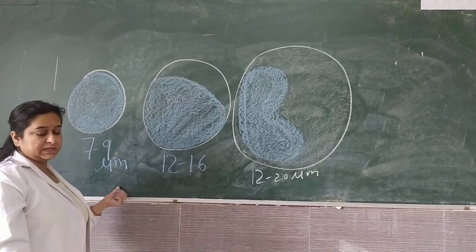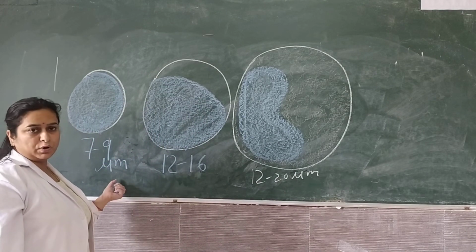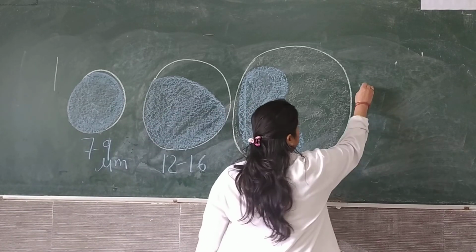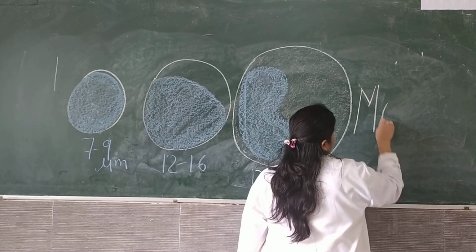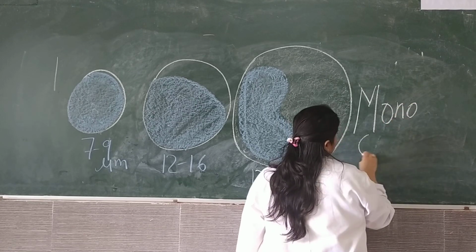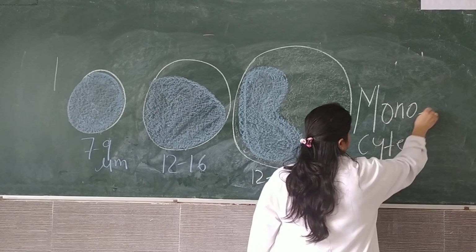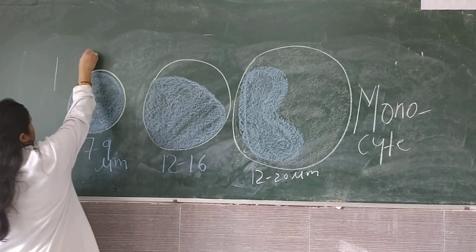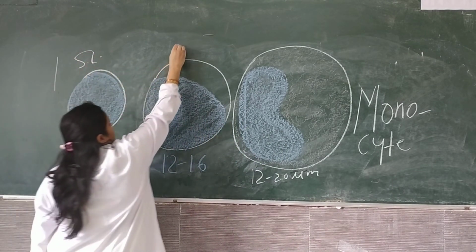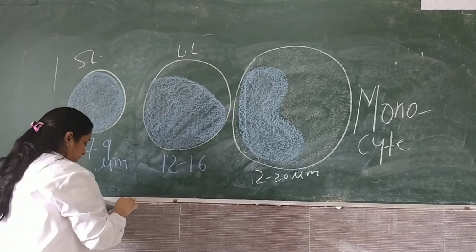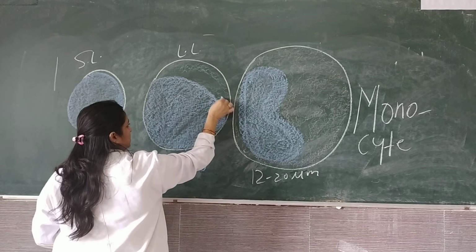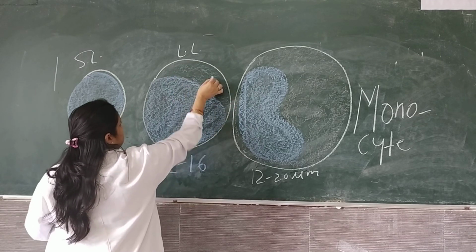In this way we can easily differentiate between a small lymphocyte, a large lymphocyte and a monocyte. So this is small lymphocyte. This is large lymphocyte. Cytoplasm very light, scanty.